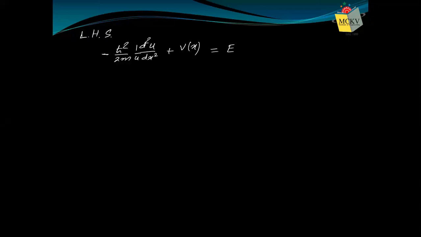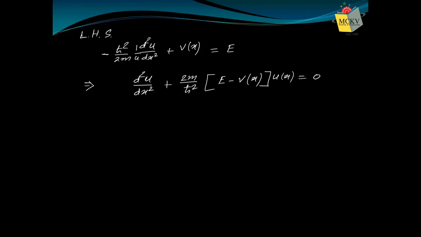Or we can write it in a better way as d2u dx2 plus 2m by h cut square, (E minus V), u, equals 0. Again a second order differential equation, but this equation has no time or time dependent quantity.